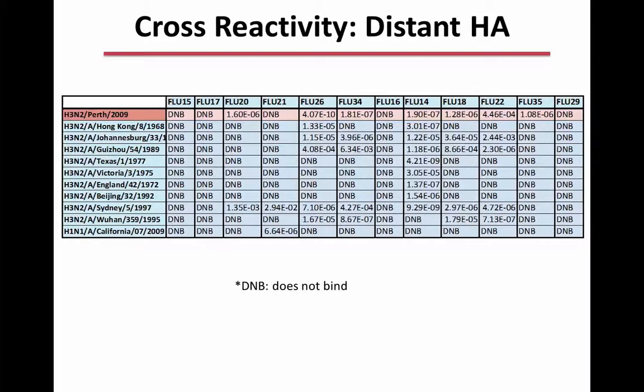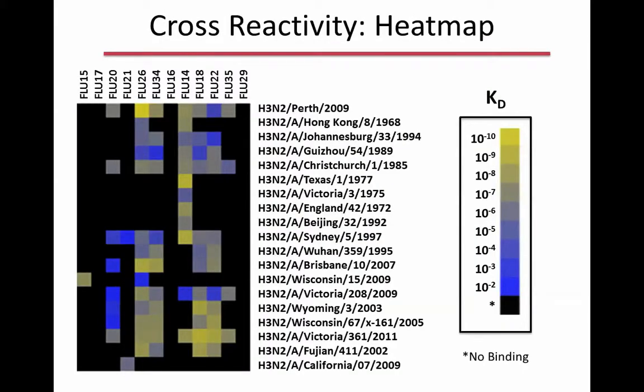So these antibodies aren't necessarily broadly cross-neutralizing, but they bind somewhat in relation to the strain that they were induced against. And again, to show the heat map analysis with this greater strain, you can see there's more black on this one because some of these strains don't bind as greatly or even at all to the panel of antibodies.